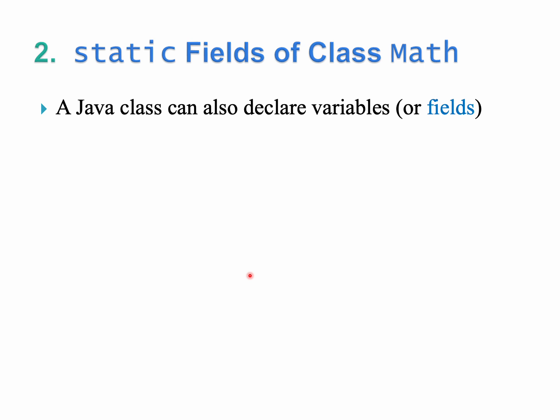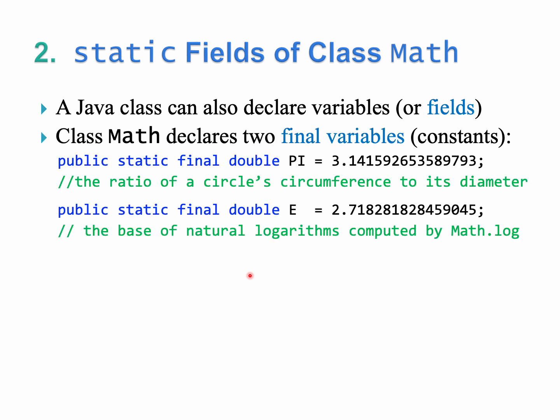In addition to static methods, the Math class also contains static fields, including 2 final variables or named constants, PI and E. The constant PI has the value equal to the ratio of a circle's circumference to its diameter, which is 3.14, etc. The constant E is the base value for the natural logarithms, which are computed by the static method log of the Math class.